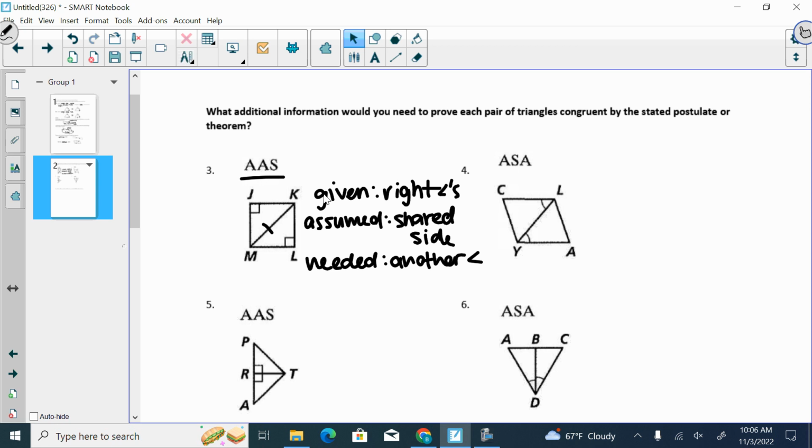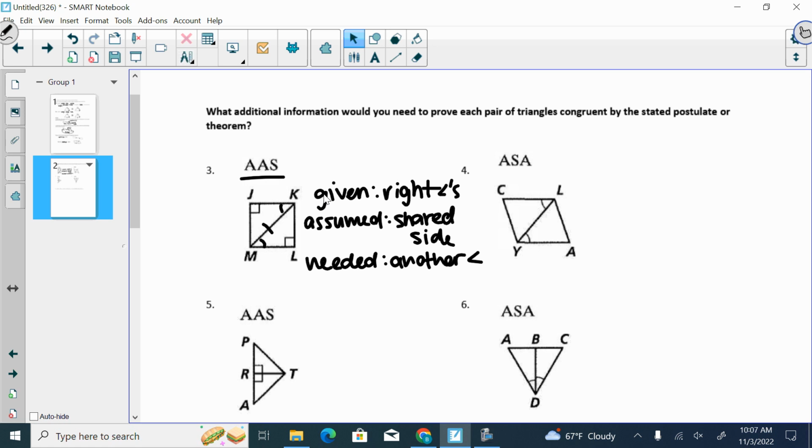Specifically an angle that won't put that shared side in the middle, right? So does it matter which ones we pick? No, because if you put it in the middle. Right, either way, the side won't end up in the middle. So it doesn't necessarily matter which ones you pick. You just need to make sure you pick ones that are corresponding. Okay? So if I picked K up here, I'd be picking the angle below at M. Right?